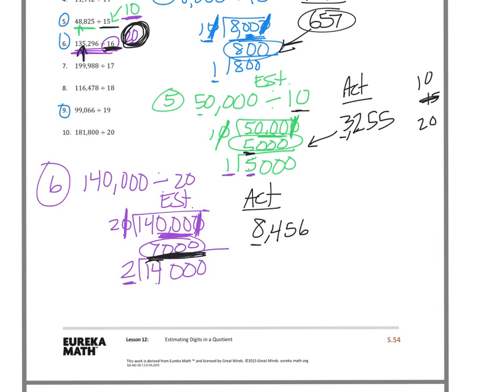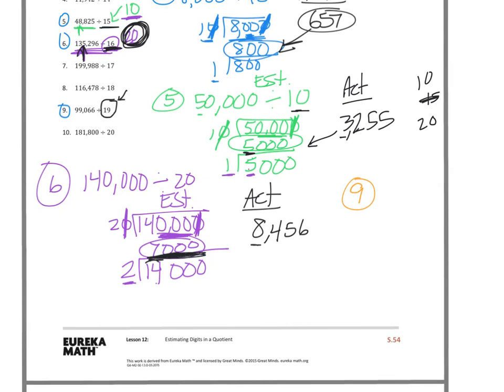So we want to try to get, for our estimate, our numbers as close to the multiple of 10 as possible. But again, we can't really control that. So when we look at this last one, for 9, we have 19. That's very close to 20. So I'm anticipating that because this 19 is close to a multiple of 10, we're going to have a somewhat close estimate compared to the actual. So let's take a look at that, and I'll do this one in orange.